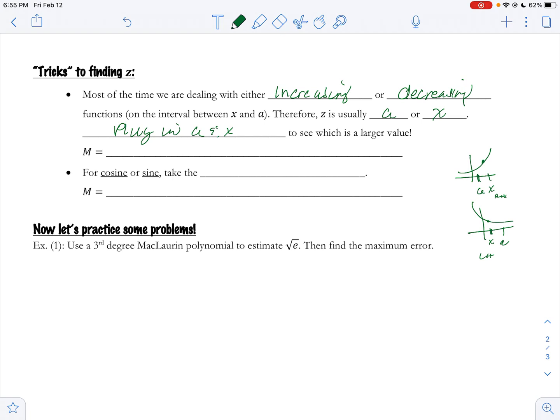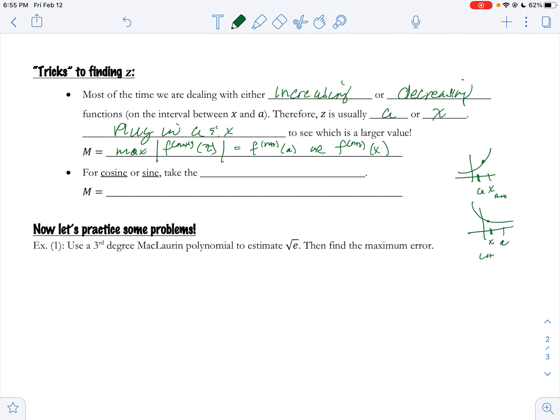And so therefore, the M, which is again the maximum value of the n plus 1th derivative at z, is going to either be f sub n plus 1 of a or f sub n plus 1 of x, right?